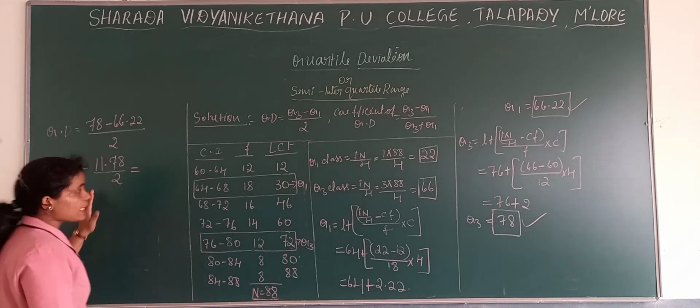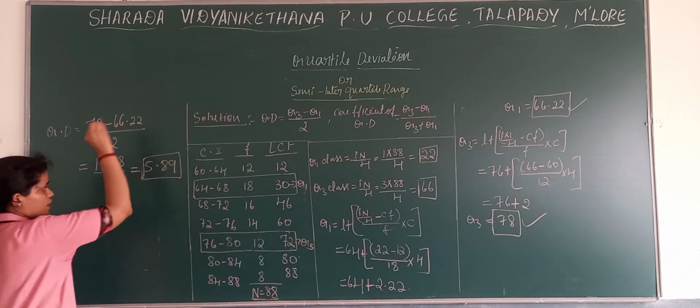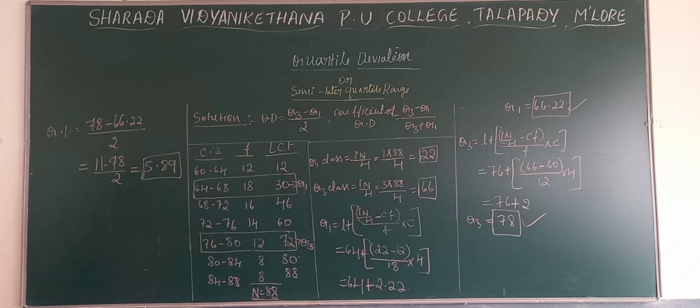When we divide it, we get the quartile deviation value as 5.89.